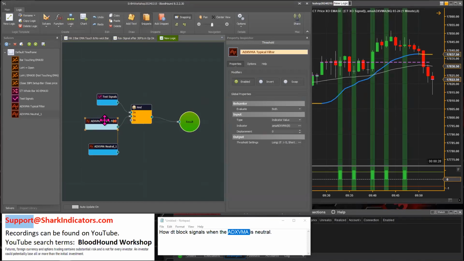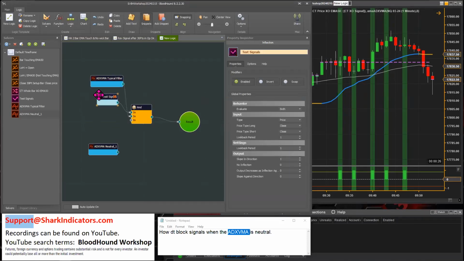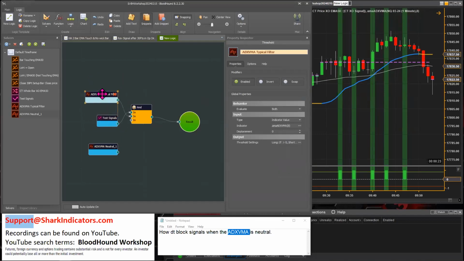So that's our typical filter there. Now, if you want to go with precisely how this is written, just block signals when it's neutral, then we're going to look for when it's not neutral.